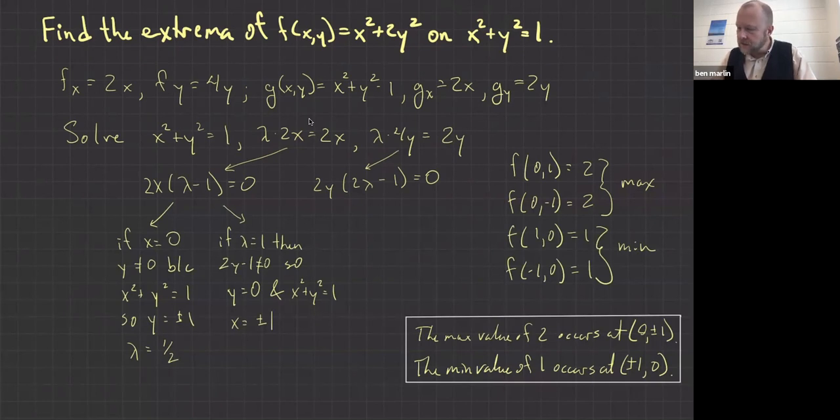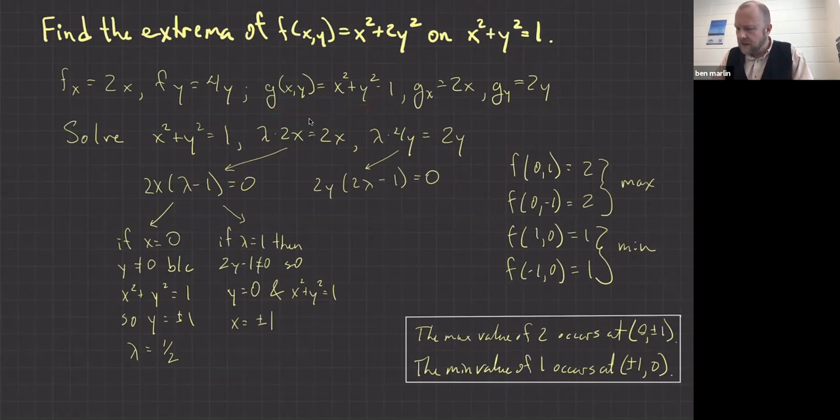So in doing this, we're going to have to get the f sub x and the f sub y, and then we're going to have to do the g sub x and the g sub y. Sometimes it may require you to do a little bit of thinking to figure out what the g of x, y actually is, but usually it's going to be pretty straightforward.